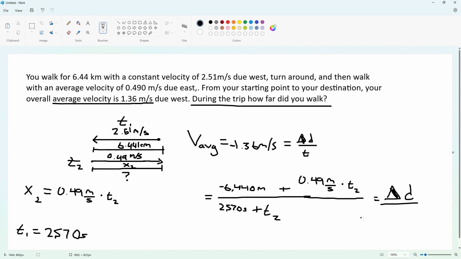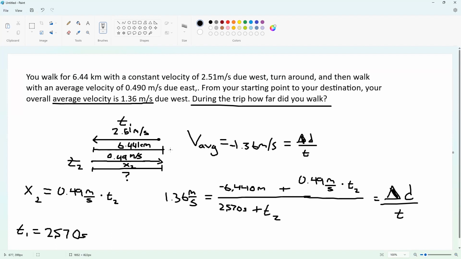This bottom part is going to be just what? The time. Right, that is correct. That's going to be equal to your velocity, what? The overall average velocity. That is correct. So this is going to be equal to 3.136 meters per second west.